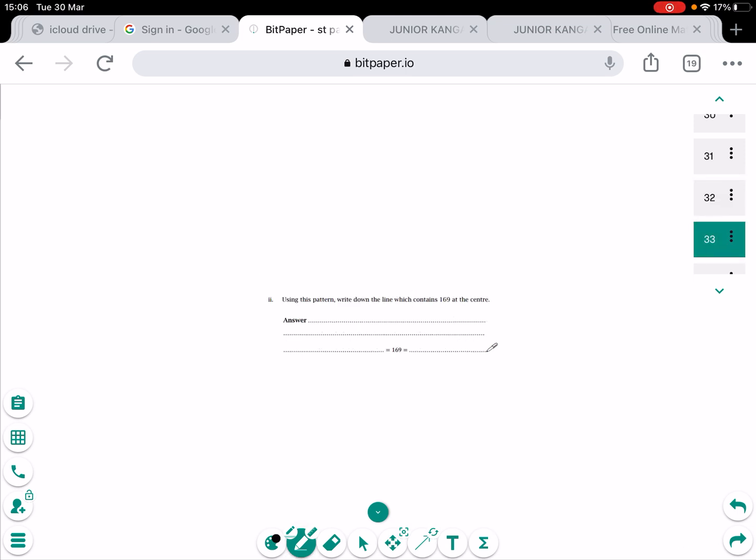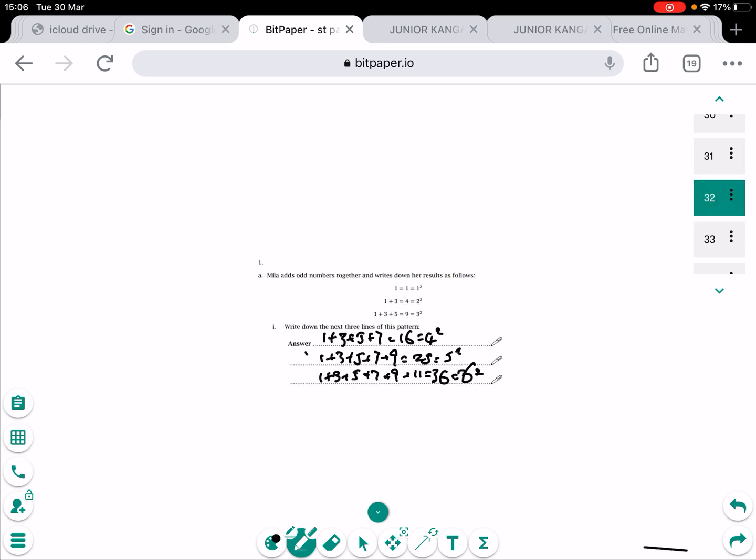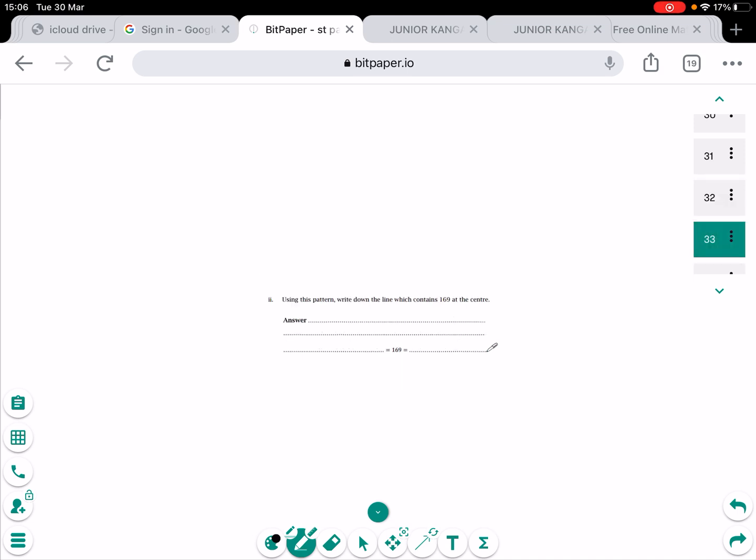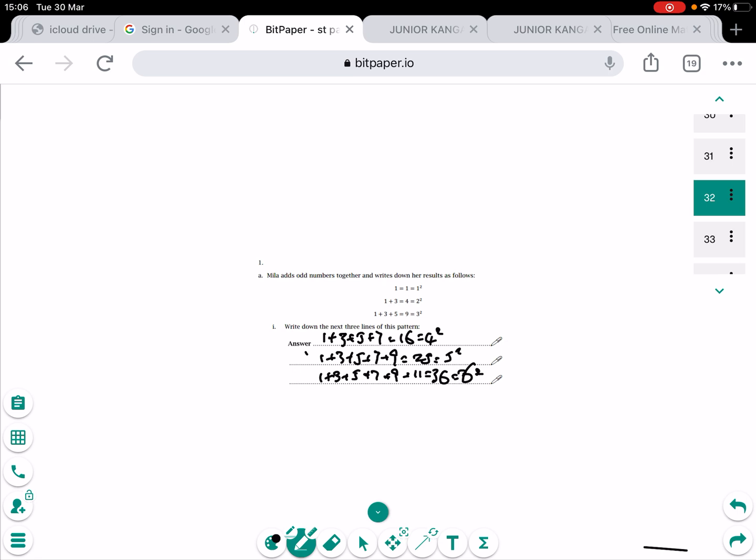And for part II of Section A of this first question, write down which line contains 169 at the centre. Now if you look at these patterns, 4 is equal to 2 squared, so 2 is its square root.